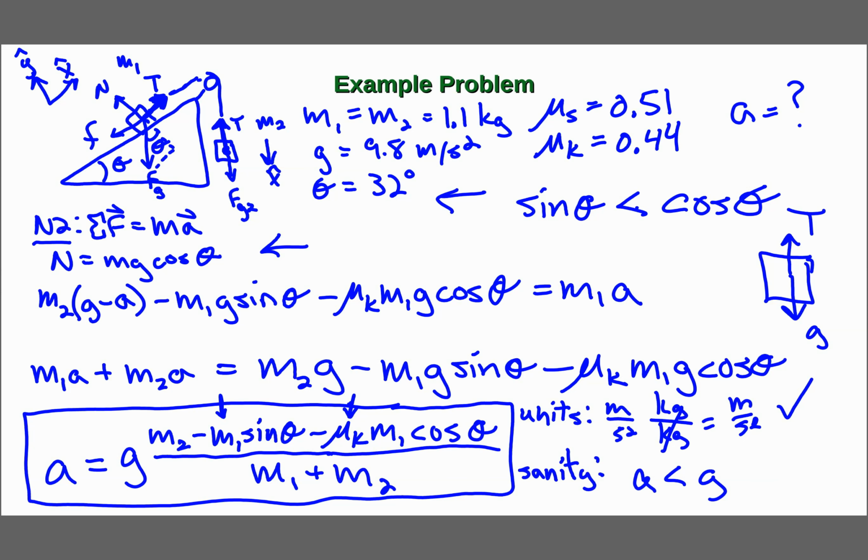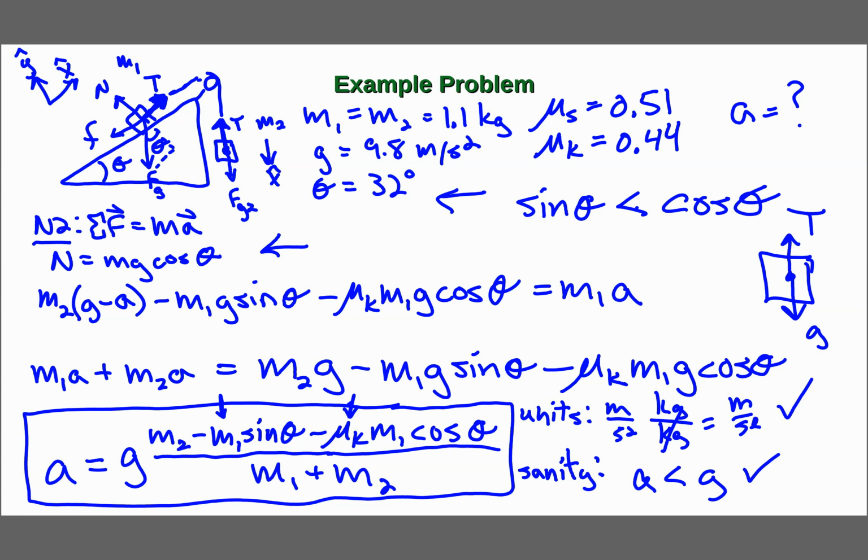And with them being the same mass and there being friction on block 1, what turns out is I actually have a much less than g. We're going to have a little tiny a. But no matter what happens, if I connect the two blocks in this way, if we just think about block 2, we should know immediately it must have a smaller acceleration than the little g, because that tension is going to slow it down from free fall. So that makes sense.